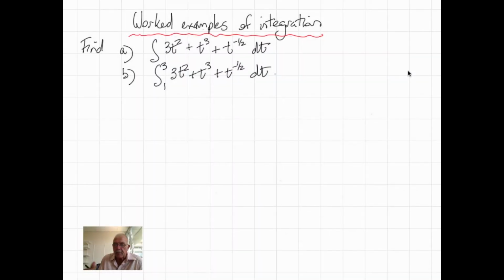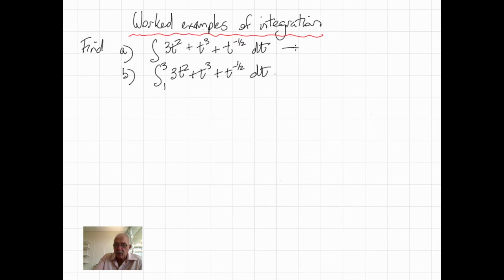Let's work through a couple of examples now of integration. Here we were asked to find the integral of 3t squared plus t cubed plus t to the minus a half dt. And we've got a similar function there, the same function between 1 and 3. How are these two different?